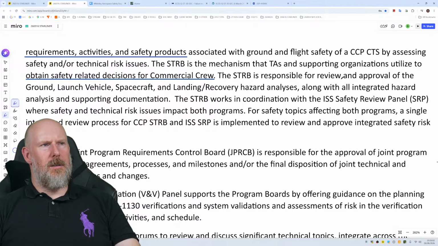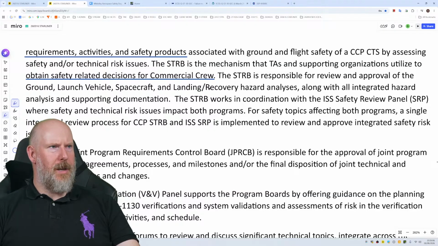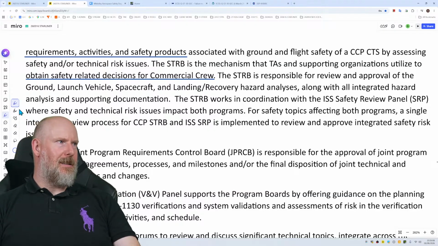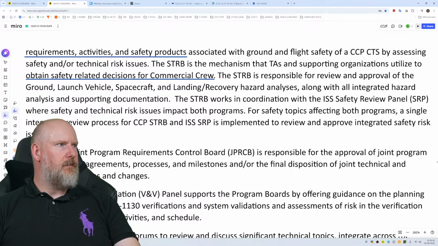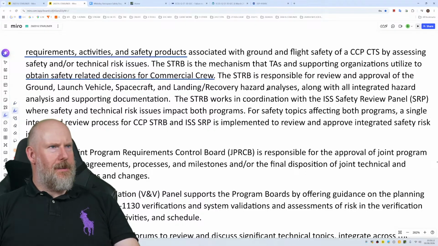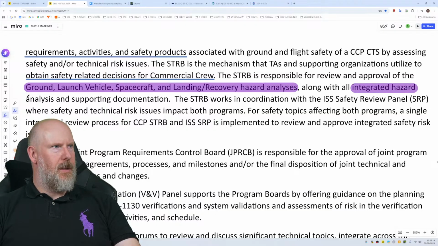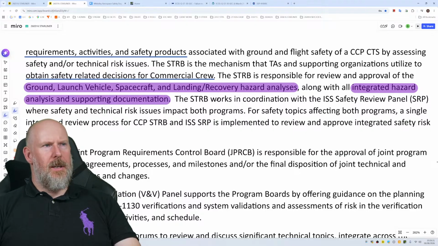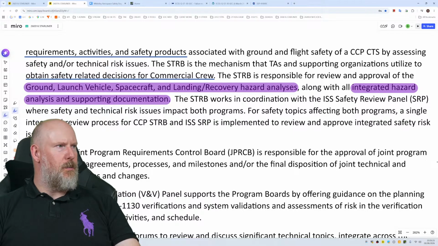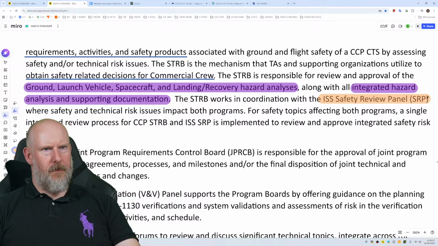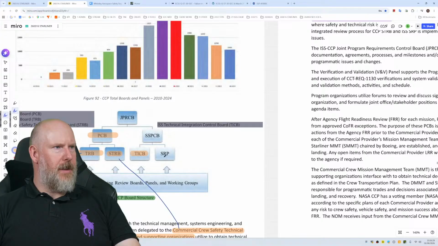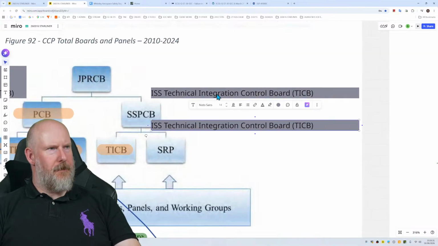The STRB is responsible for review and approval of the ground launch vehicle, spacecraft and landing recovery hazard analyses. Right, that is interesting. Along with all integrated hazard analysis and supporting documentation. The STRB works in coordination with the ISS Safety Review Panel. So they are there, look, everybody.